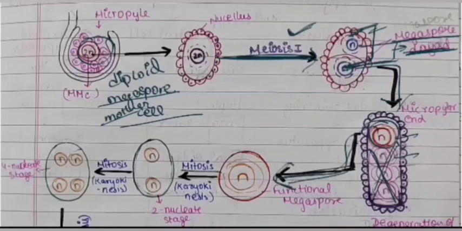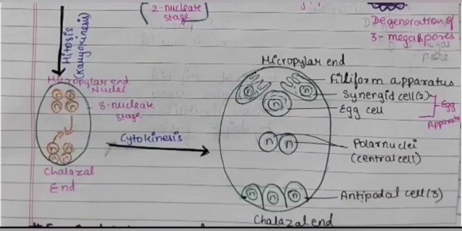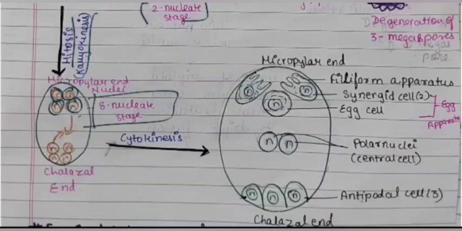In the functional megaspore, mitosis takes place and it forms the two-nucleate stage. Again it divides and forms the four-nucleate stage, which is followed by mitosis again, in which eight nuclei are formed. So this is the eight-nucleate stage.